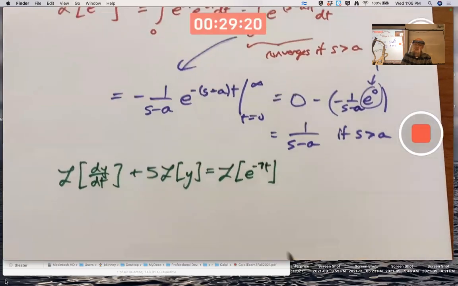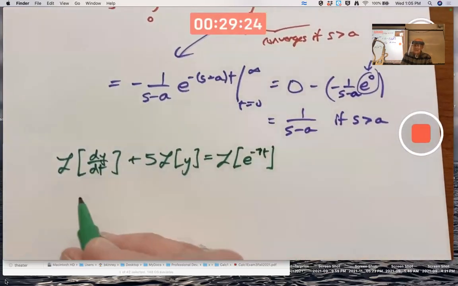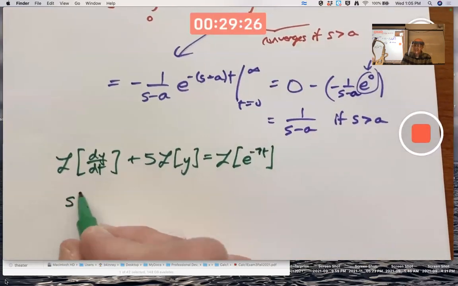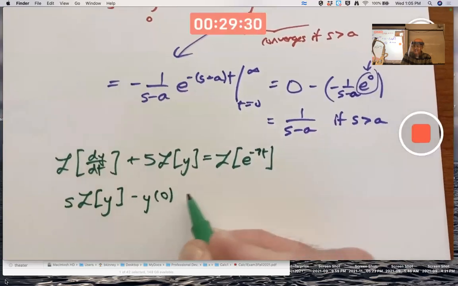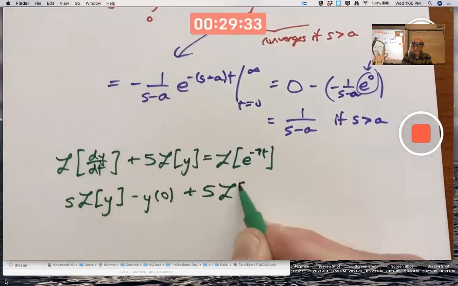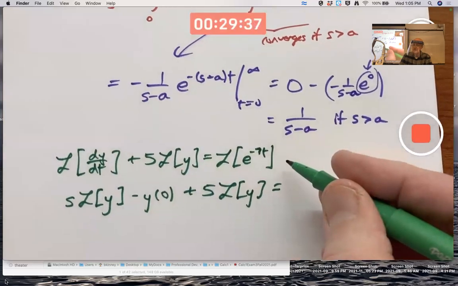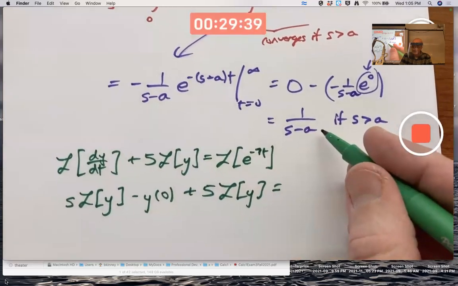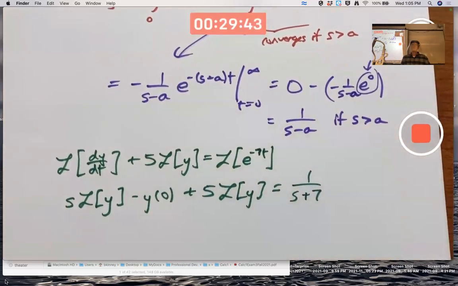And based on what we've just done the past 15 minutes or something, this becomes s times the Laplace transform of y minus y of 0 plus 5 times the Laplace transform of y equals, what's the Laplace transform of e to the negative 7t? It's this when a is negative 7. 1 over s plus 7 is what that would be when a is negative 7.